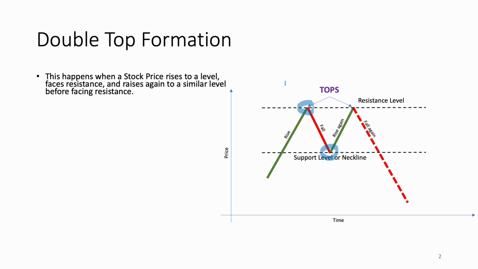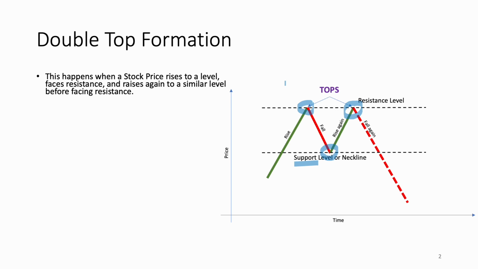This point where the stock stops falling is known as the support level. From the support level, again, it will start rising and it will stop somewhere close to the top where it had hit, the resistance level. It will not be exactly the same, but somewhere close to the resistance level where it had hit. And after that, it will start falling.